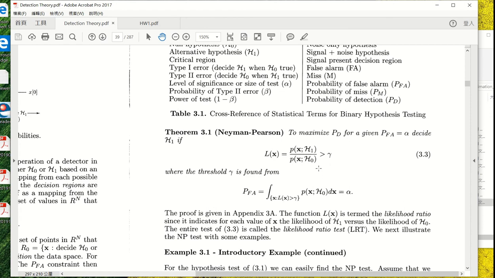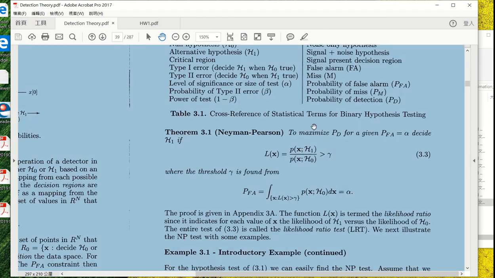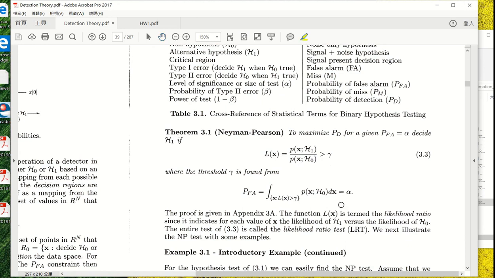False alarm means 误警报, so we don't like it, we want to make it less. Then PD is something good, because it means that when the ground truth is H1, we have an H1 detection. That is something good.